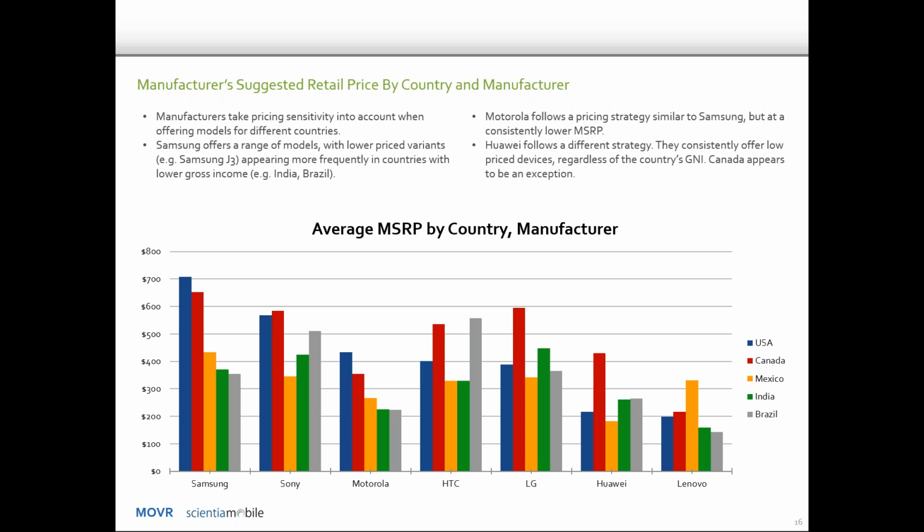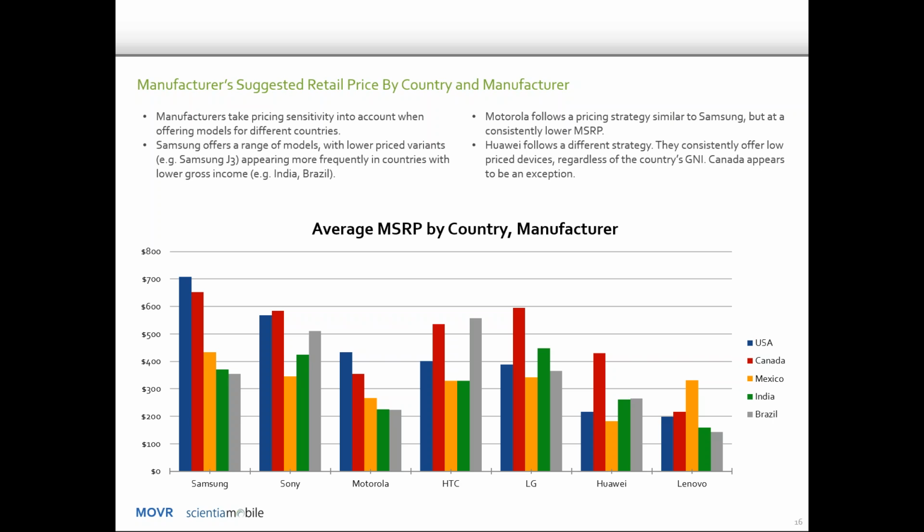Now, looking at pricing strategies of various manufacturers, it's interesting because, for example, a company like Samsung, they actually generate a range of models and tend to focus on selling them and pricing them differently in different countries. So, for example, in the U.S., you'll see that their average price is around $700.